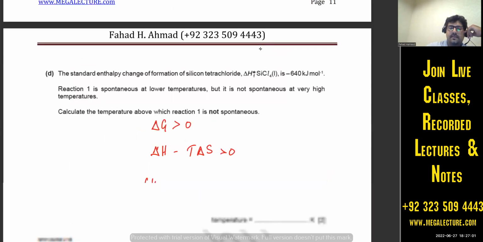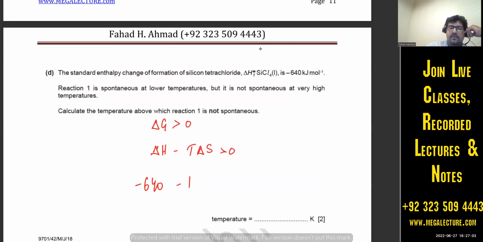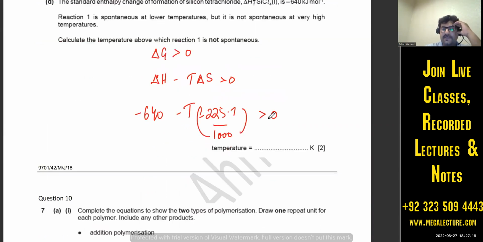Make sure all of them are in kilojoules, so I'm going to divide that by 1,000 and I'm just going to solve this. And again, be careful with the inequality. If you get rid of the negative sign, the inequality switches. So this would be minus 640 greater than T times minus 225.7 over 1,000.